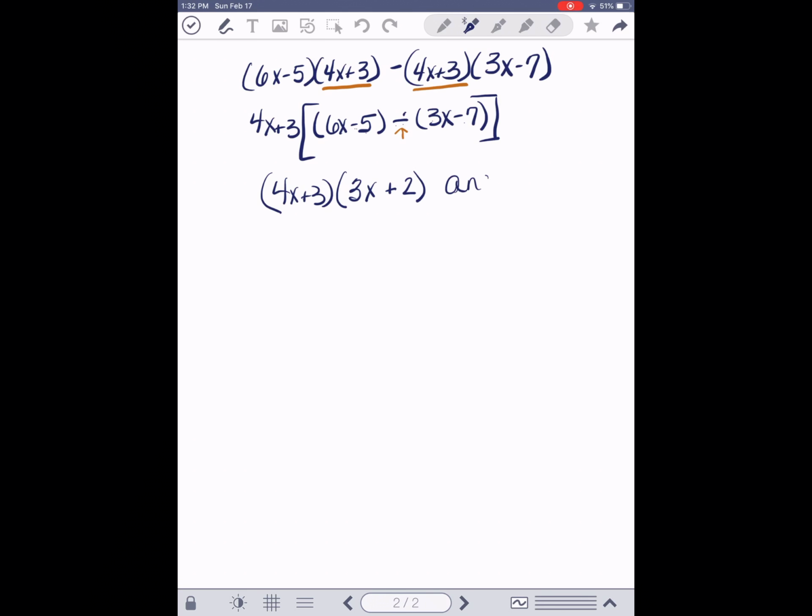And then this is your answer. So the greatest common factor in this example is your 4x plus 3. And whenever you finish solving for it and you take it out, this is then what your answer is.